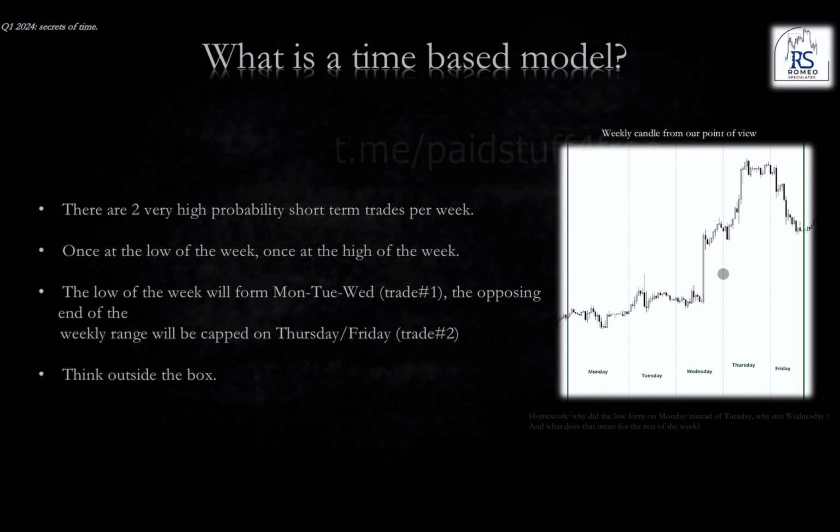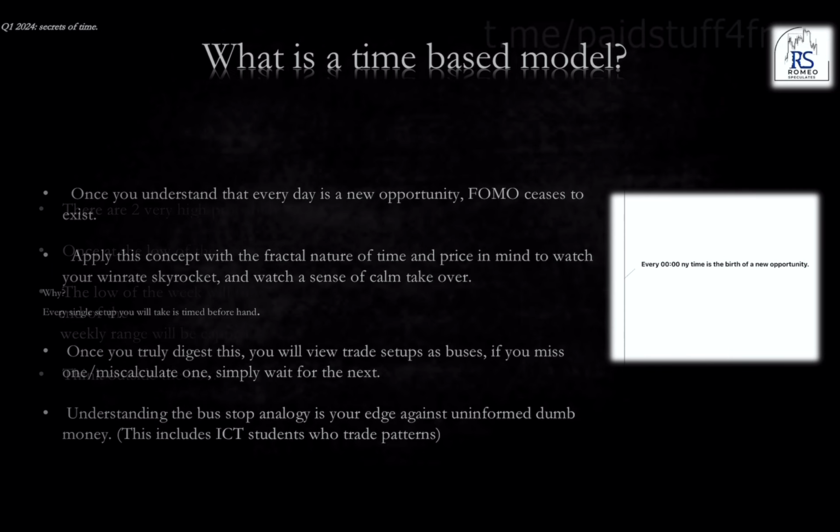Wednesday cannot form the high and the low of the week. And that is my encouragement for you to think outside the box. Don't just look at this information and memorize it. Dissect it. Each word. Nothing is random. Nothing is placed randomly. Everything is deliberate.